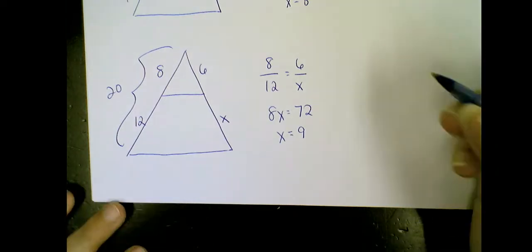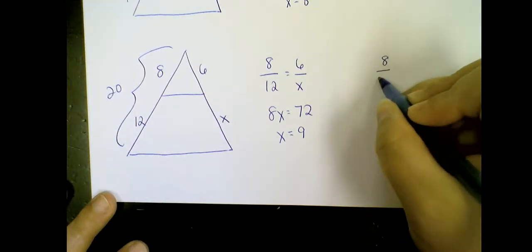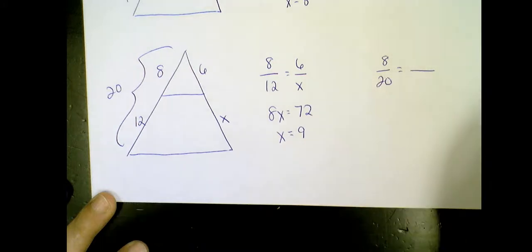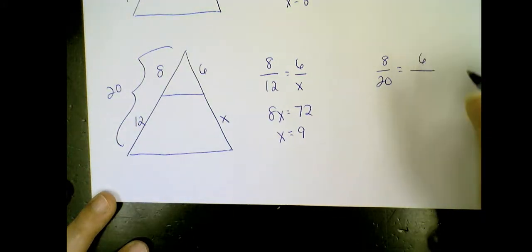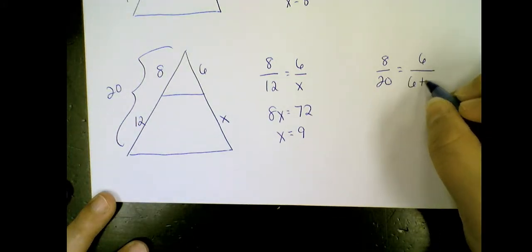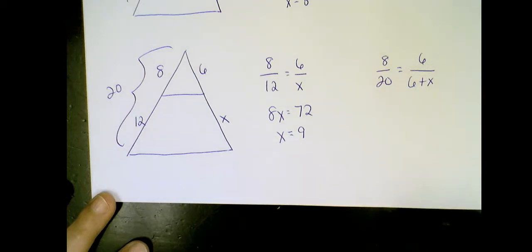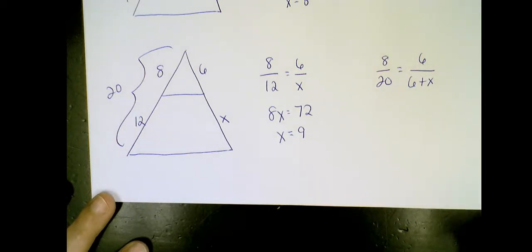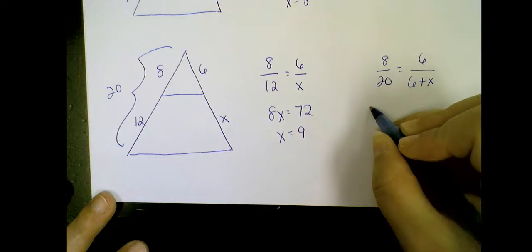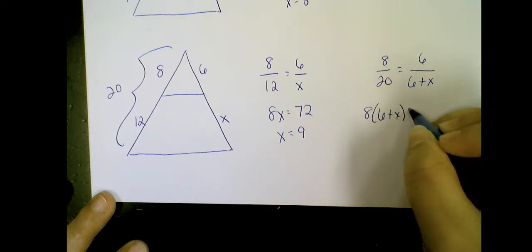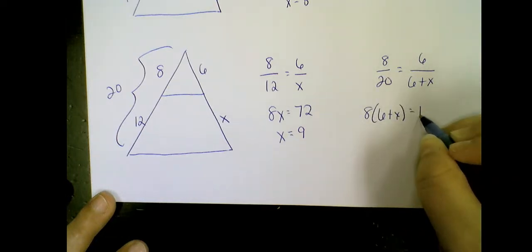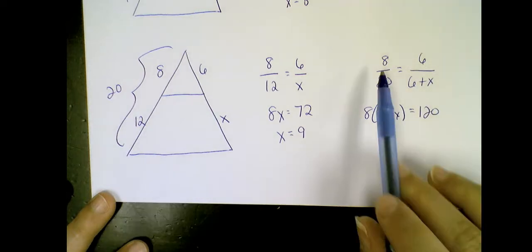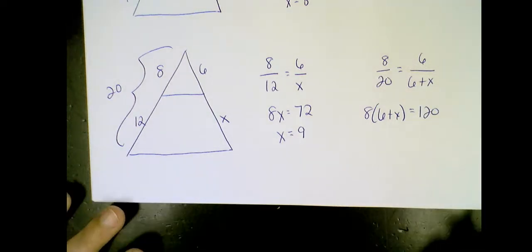If you did it the other way, you would do 8 over 20, which is the whole side, and you would have to do 6 over 6 plus x, and then you would cross multiply. So x times the quantity, 6 plus x, would equal 120.